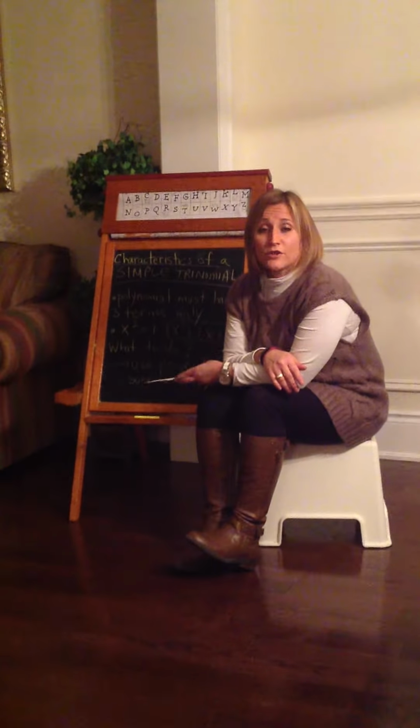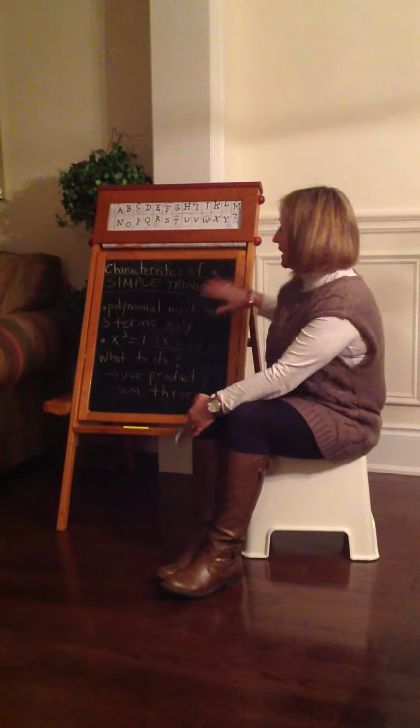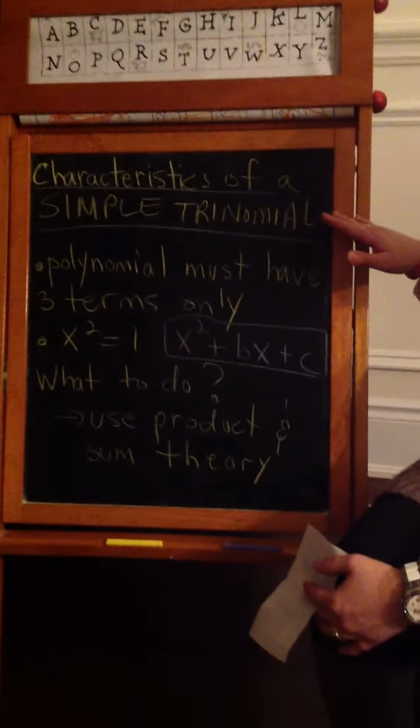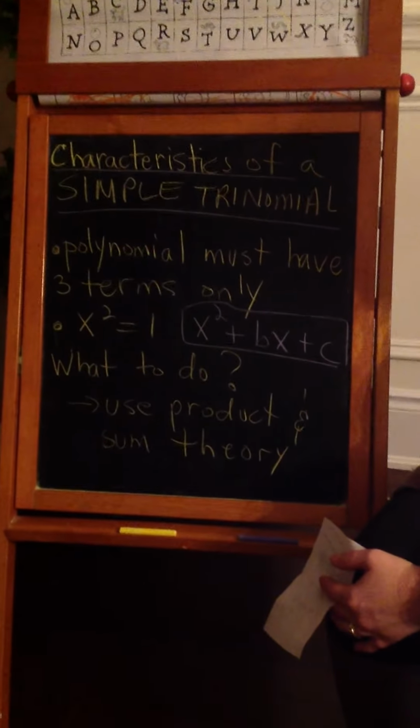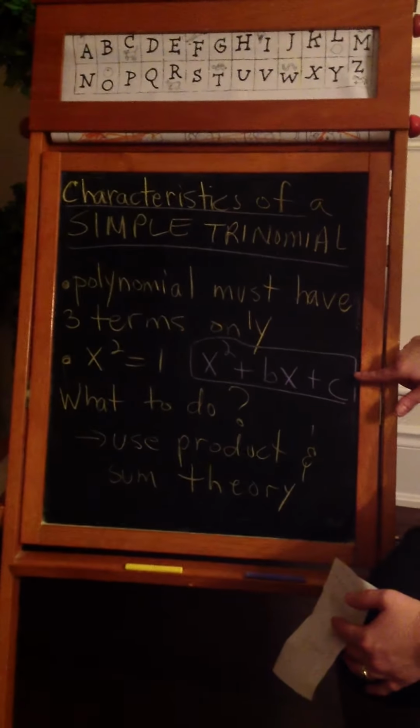Today what I want to talk to you about is how to recognize if it's a simple trinomial. So if you take a look here, we're going to review the characteristics of a simple trinomial. First of all, it's called trinomial because the polynomial can only have three terms, and it's going to be in the form of x squared plus bx plus c.